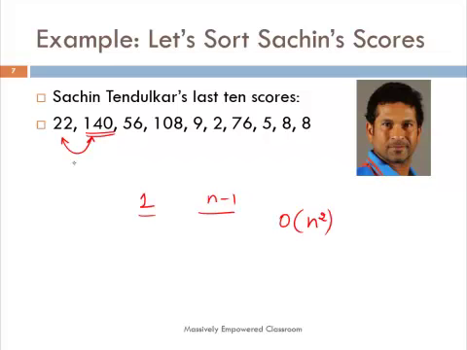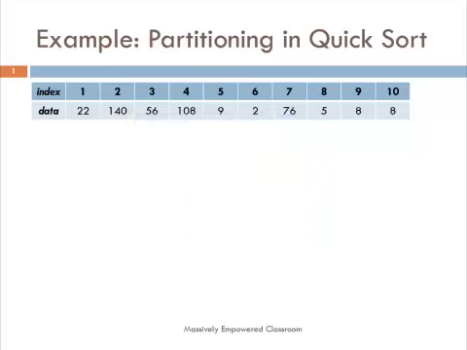But to avoid that, in our example, I have just put 22 here and 140 there, just so that we get slightly better partitions. So we are given this array of 10 elements. Let's see how partition works in this. We add an extra element, the 11th element, and we put some very large value there which is greater than all the other elements.